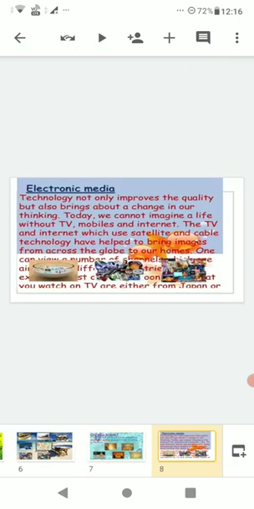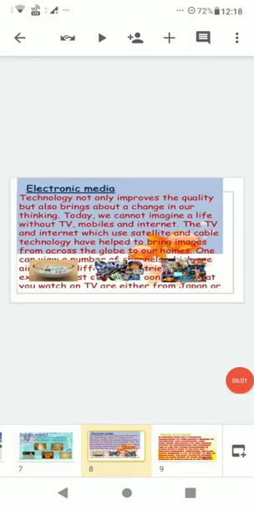Then, what is electronic media? Electronic media technology not only improves the quality but also brings about a change in our thinking. Today we can't imagine a life without TV, mobiles and internet.